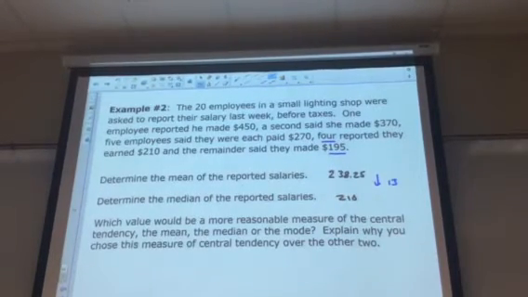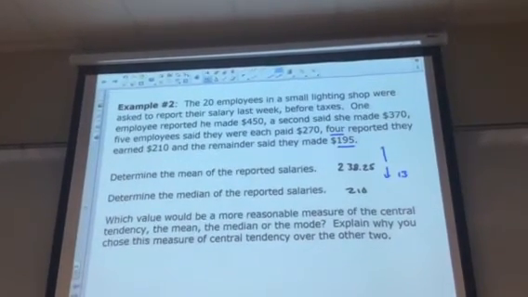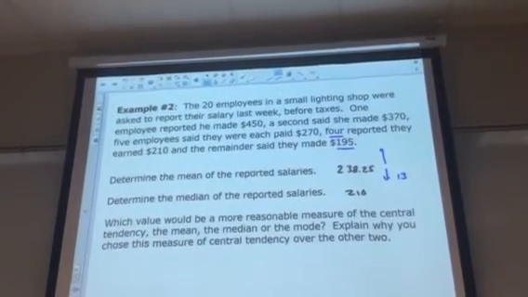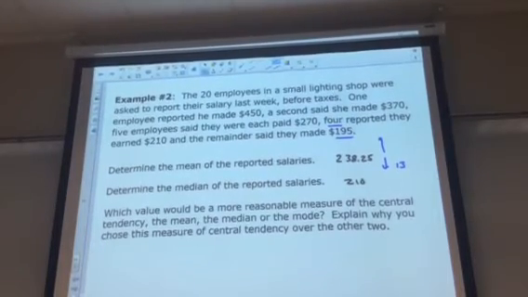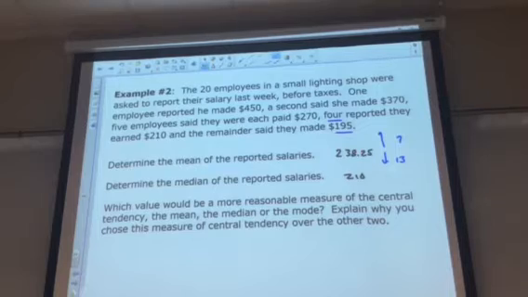How many people have salaries above 238? The remainder of them, right? So if there's 20 people, how many salaries would that be on the top end? 7? Does that look like it does a good job of identifying the center of the distribution?